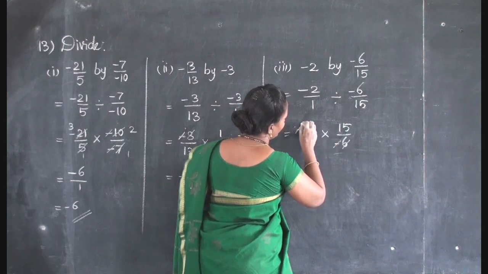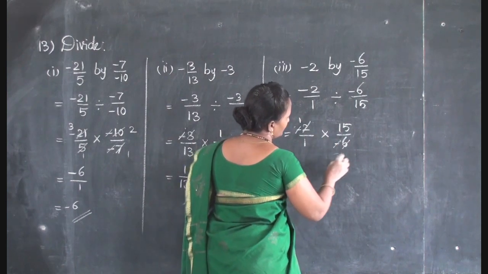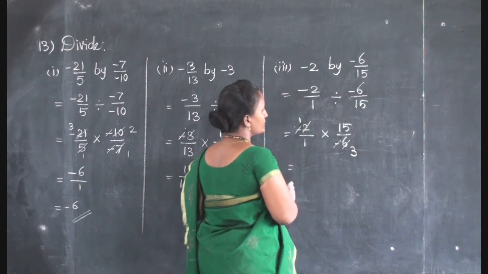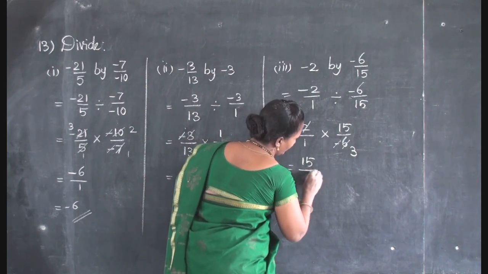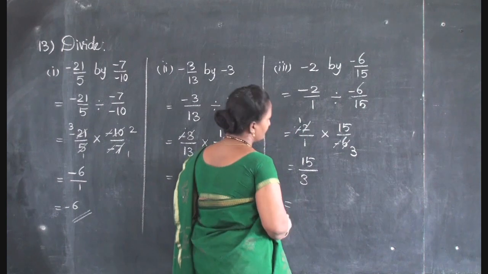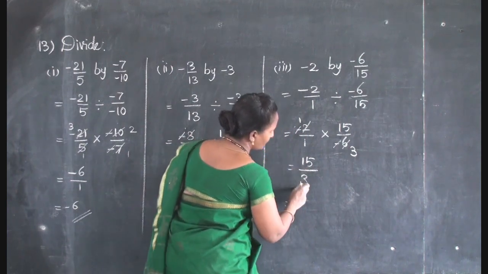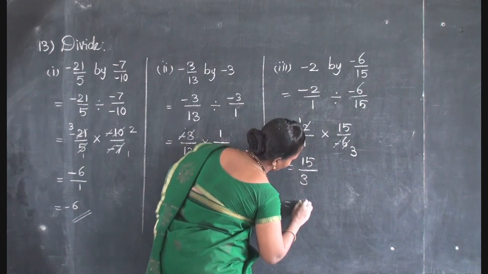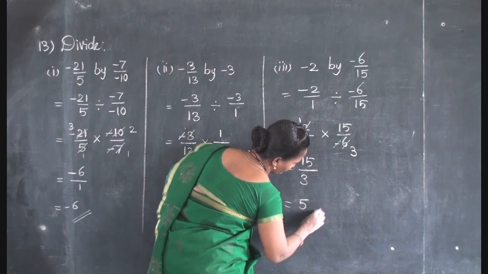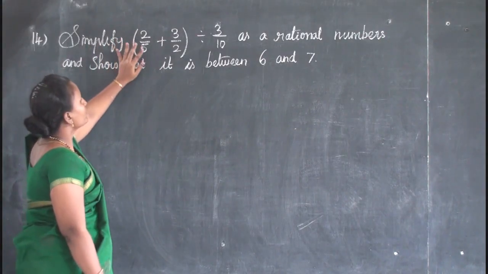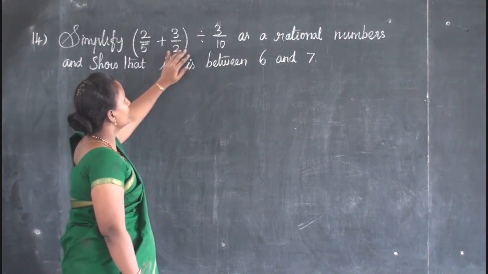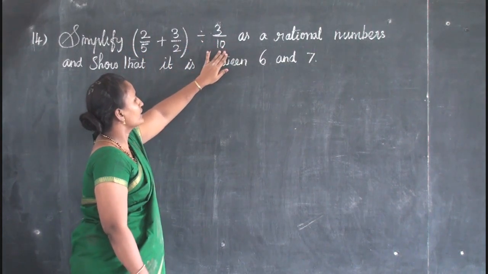Second table, you have to cancel that. 2 into 1, 2 3s are 6. So 15 into 1, 15 divided by 3. We can divide that. So what's the solution? 5.